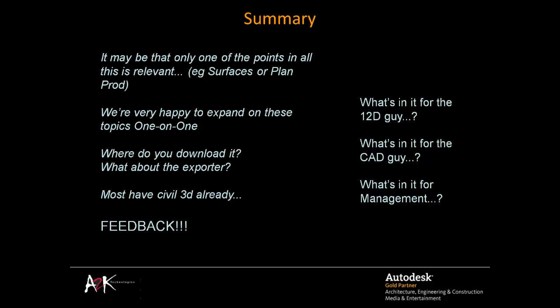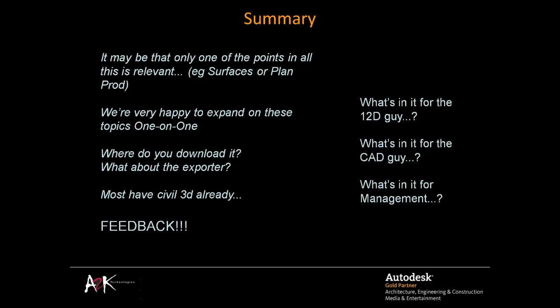In terms of what's in it for the various people, most 12D guys I speak to are happier doing designs than labeling contours. So they're very happy to stick with doing their designs and pass the 12D ASCII files out so that the drafting team can put the labels in and not bother them to change bits and pieces or to reproduce long sections or different vertical exaggerations. So basically, it enables the 12D guys to do real 12D work.